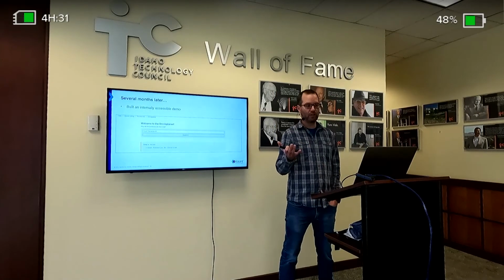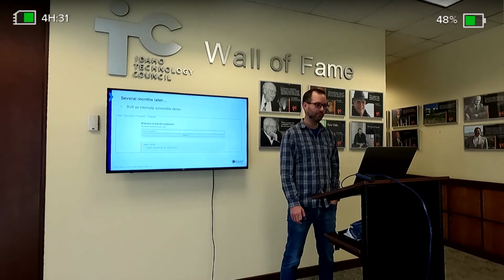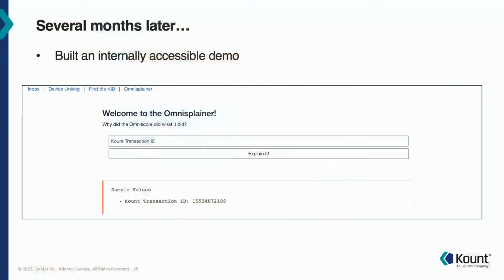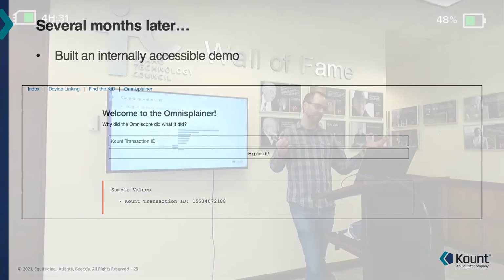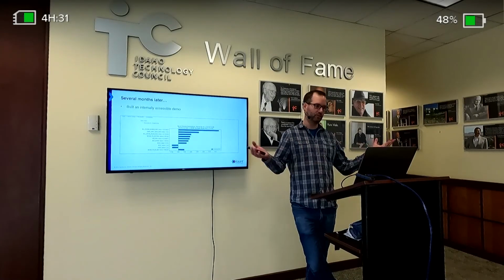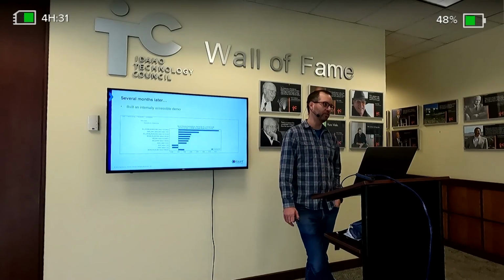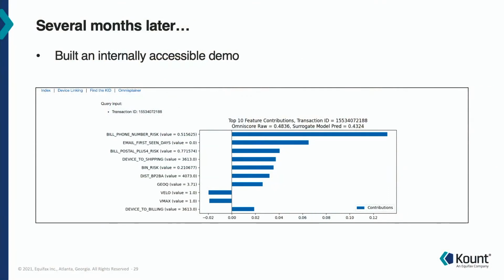So this is just the front end, how it looks, just a very simple web interface that we now have available for internal consumption on our platform. If you stick in a transaction ID, it's going to give you back some explanation of all the features that may have gone in and their relative contributions towards the safe or risky direction.